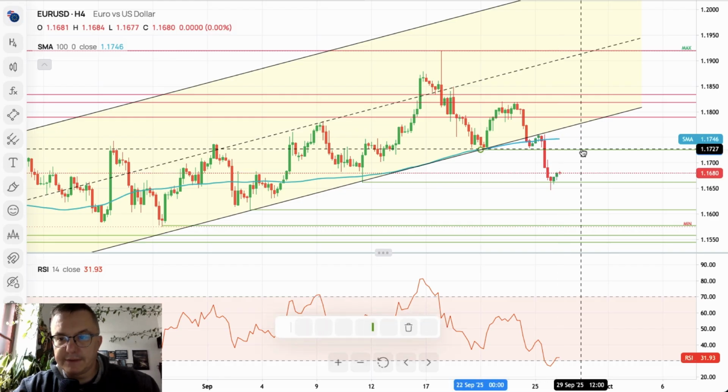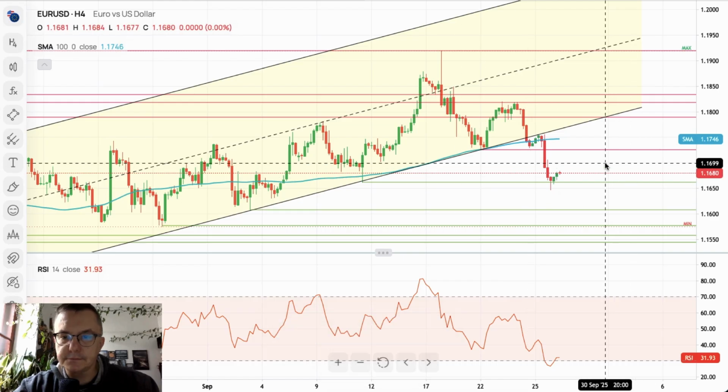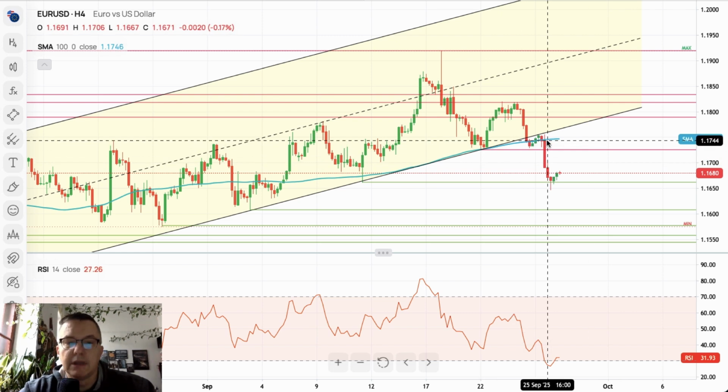The level of 1.1727 will now act as the technical resistance for the bulls, and please notice that we are out of the channel and below the 100 periods moving average. So out of the channel, below the moving average. This situation looks quite interesting for the bears.